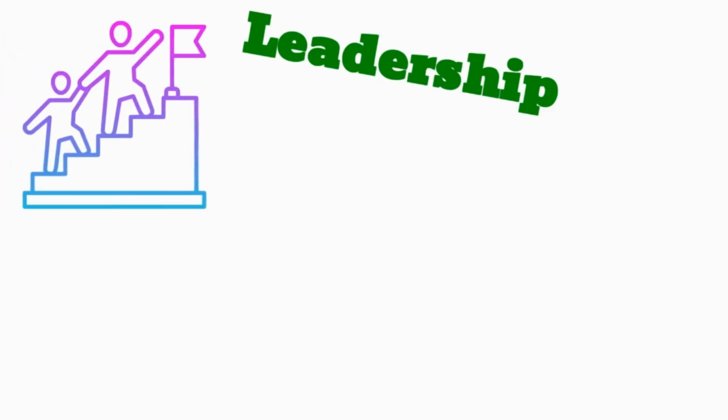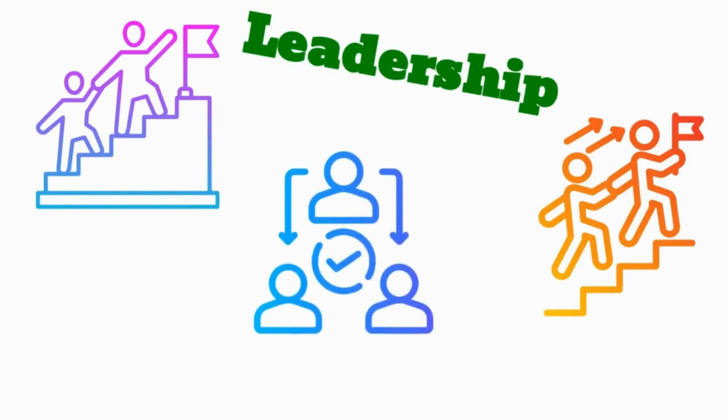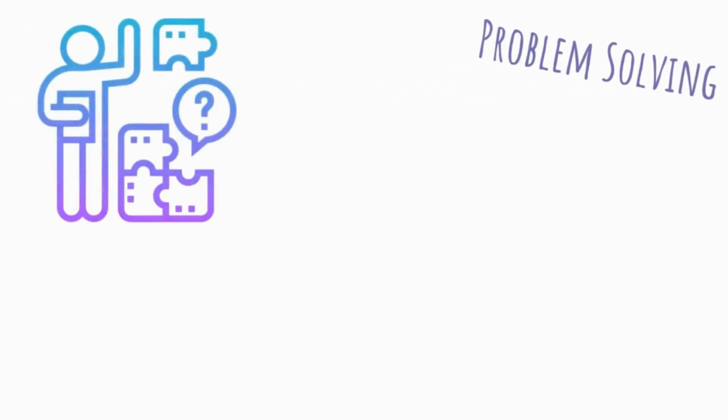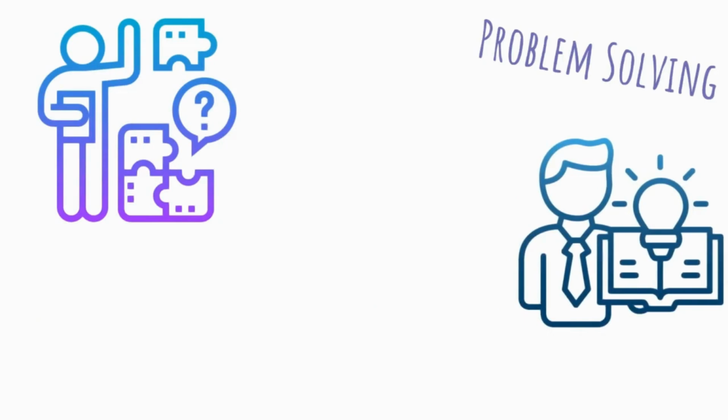Leading and influencing teams, managing conflict, and building trust and collaboration among the team. Problem solving. Ability to solve problems, think critically, and navigate complex challenges in a dynamic environment. Project management. Managing multiple priorities, meeting deadlines, and delivering results in a timely manner.